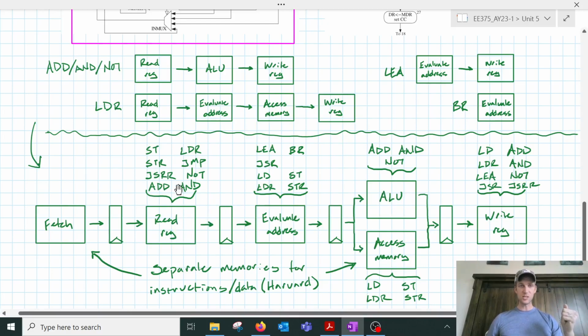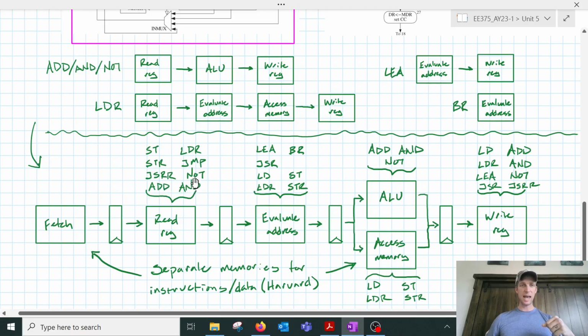And for each of these stages, you can see the instructions that would use those portions in their completion. So load register, of course, uses this phase. It uses this phase. Here I'm accessing memory. There's my load register, and then lastly it's writing to my register.